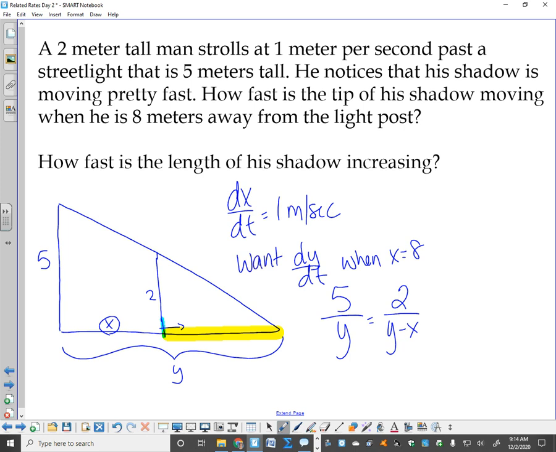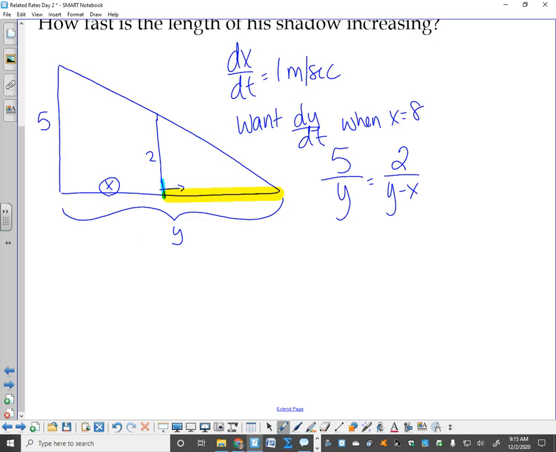Okay, so I did big backbone over big bottom equals little backbone over little bottom. The x is not a piece of a right triangle, it's not a whole piece of the right triangle, so there's no plain old x here. I'm going to cross multiply.